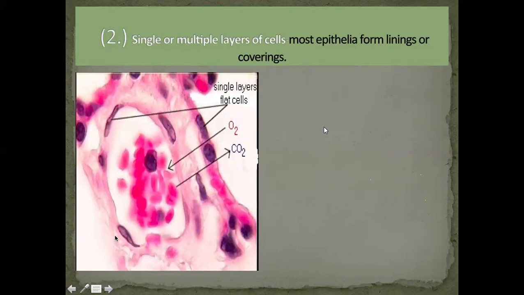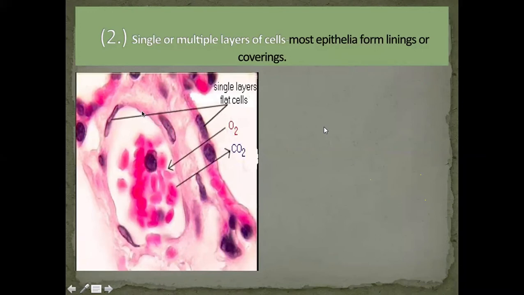This is a simple squamous lining which lines your blood vessel. This is a blood vessel, and you can see red blood cells in the lumen. Imagine if this were multiple layers of cells. It would be difficult for substances to go in and out, di ba?